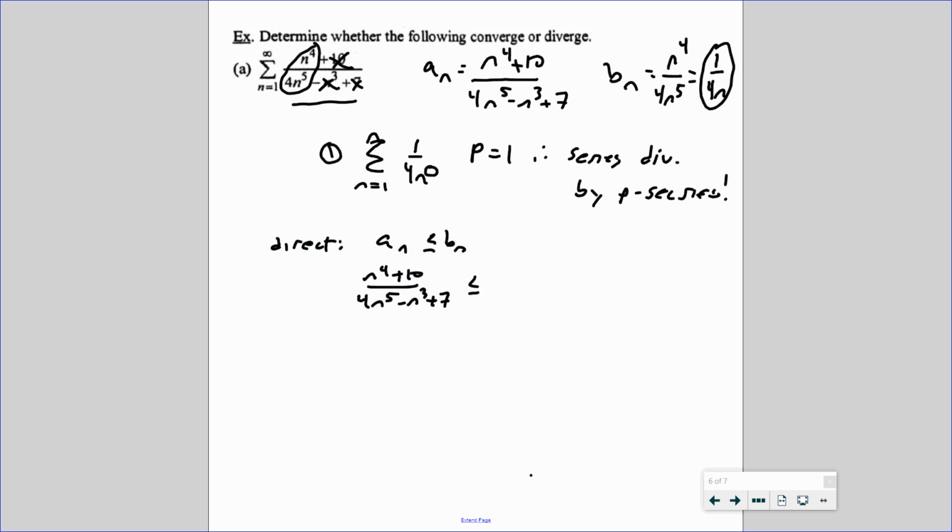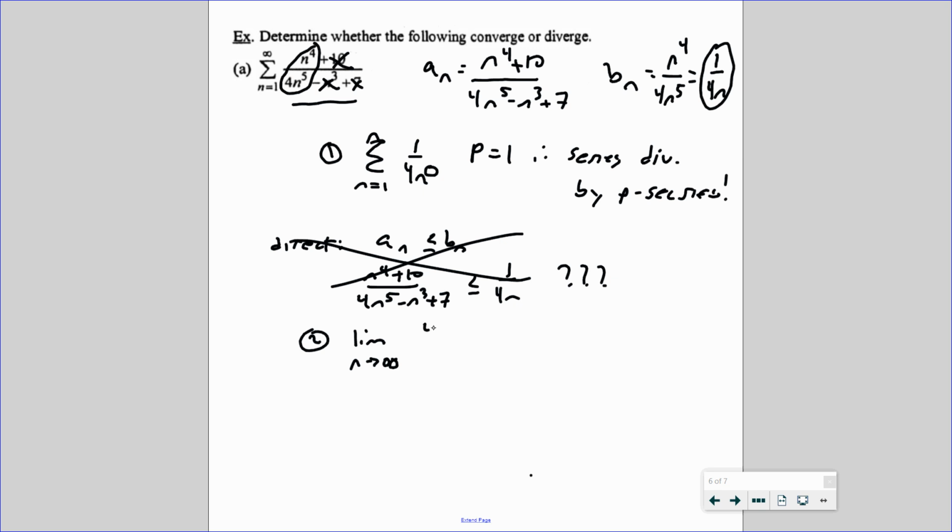Is that less than or equal to 1 over 4n? I don't know. It takes too long. I could check it, but honestly, it'll take too long. So in this case, I'm not going to do direct comparison. It's too complicated. So I'm going to use what's called limit comparison. And what limit comparison says to do is we just want to see what's happening big picture.